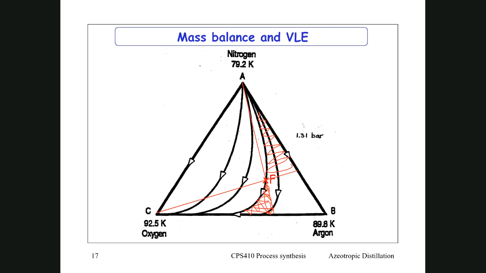Just to prove the point, if we take that distillation curve there where it crosses the red line, in other words, we're on that side of the red line, that would represent any of the residue curves that run along here.